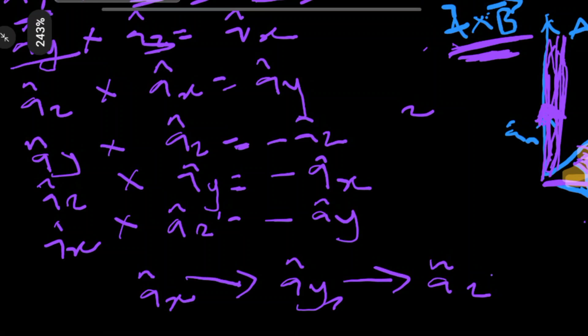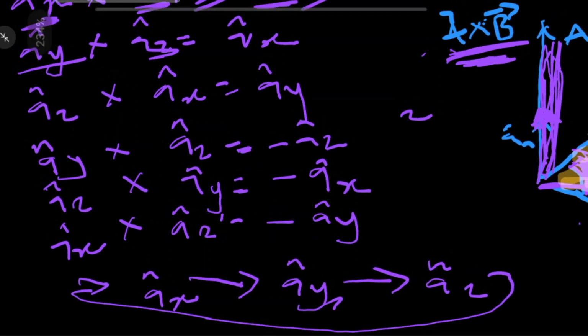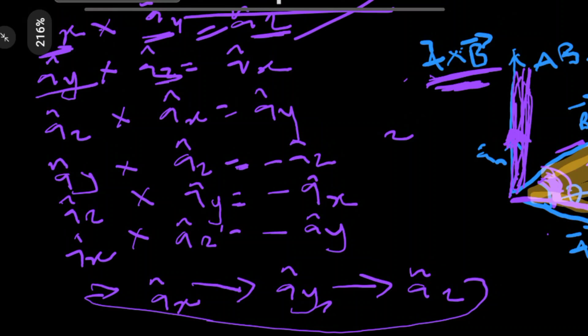Let me draw an arrow here. You see, we're coming back, so it's still positive. So if we have ay and az, what do I write here?